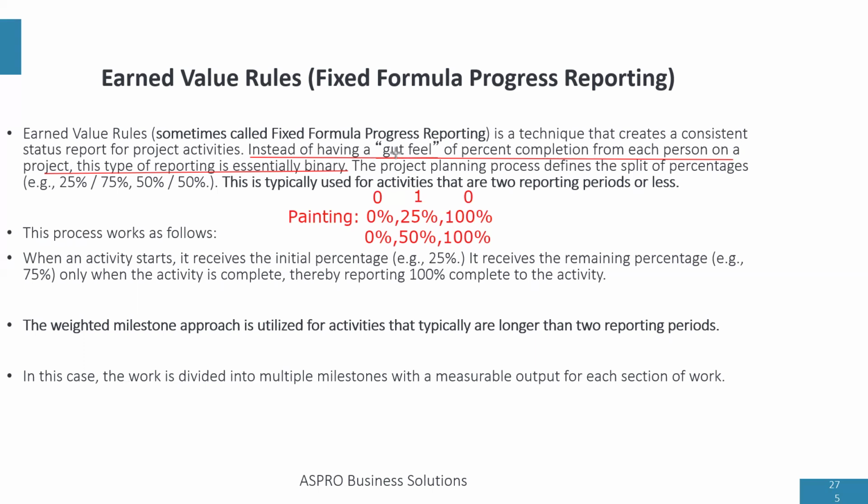That is gut feel. So you're asking the painter, Mr. Painter, how far have you gone with the painting task? When you ask him, he stops painting, then you just see his eyeballs going around the facilities, and you're just wondering what he's doing.